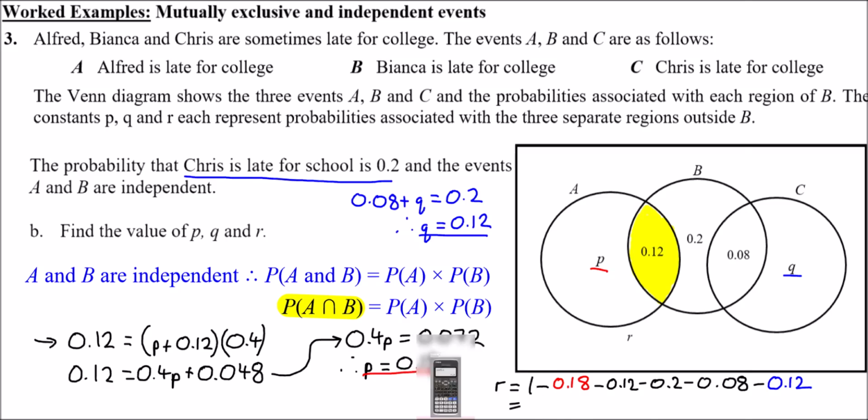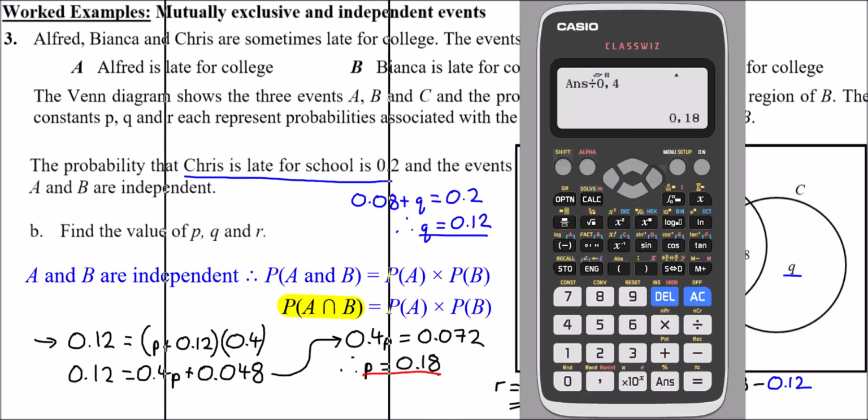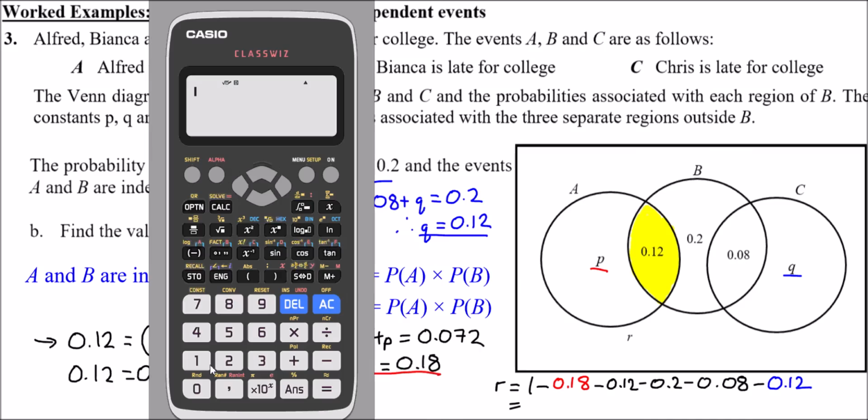So if we just do this quickly with our class whiz, but not so quickly we'd make a mistake by rushing it. 1 minus 0.18, minus 0.12, minus 0.2, minus 0.08, minus 0.12 again. That gives us 0.3.